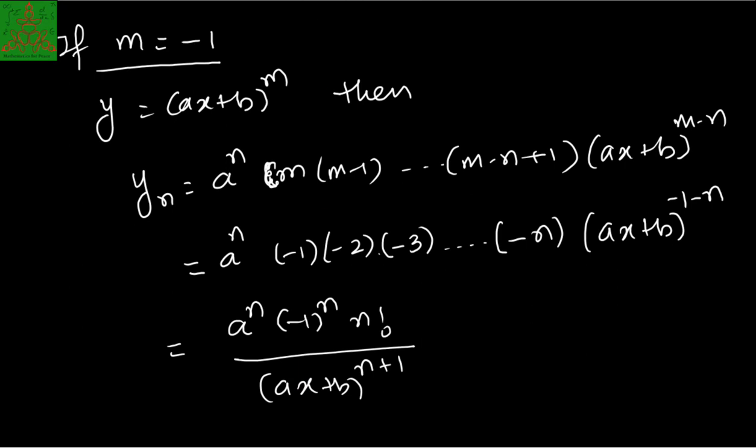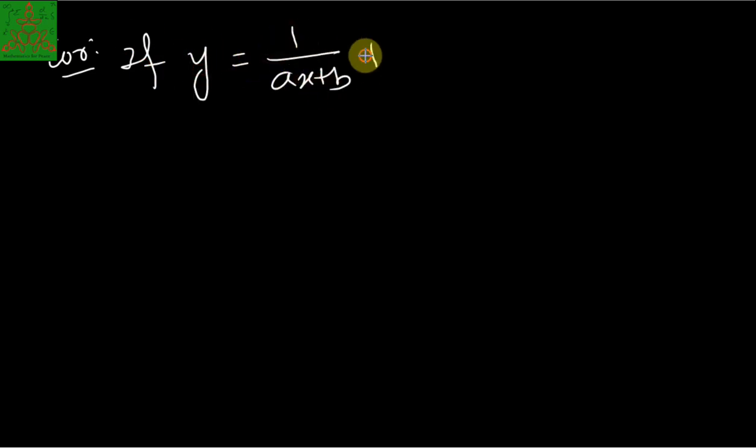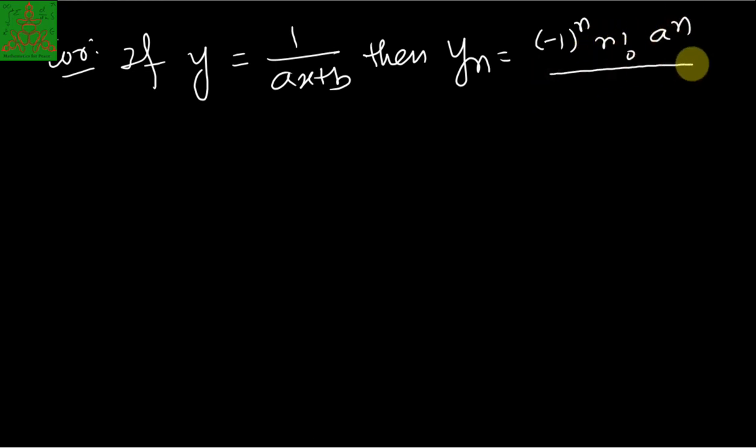So the corollary of the previous result is, if y equals 1 upon (ax plus b), then yn is minus 1 raised to n into n factorial into a power n upon (ax plus b) power n plus 1.